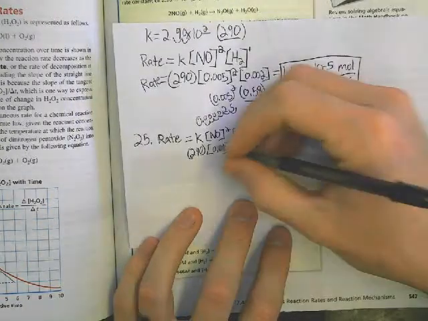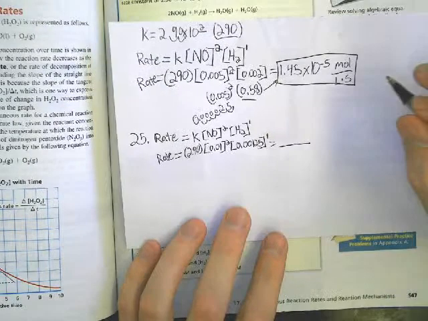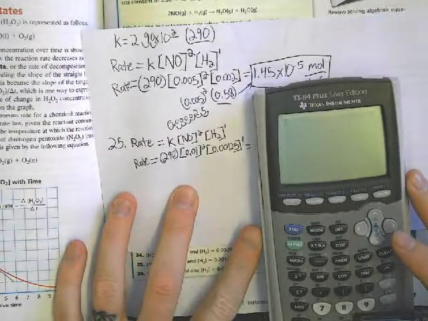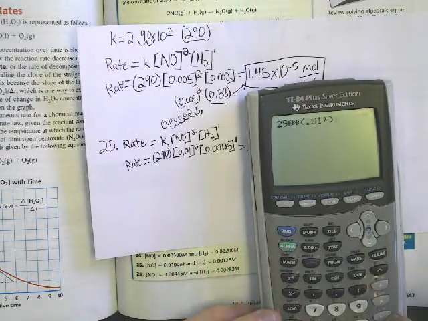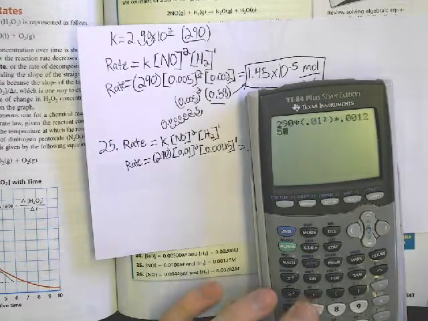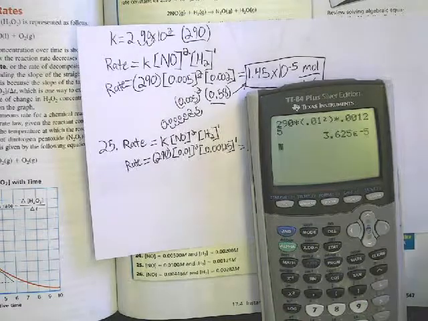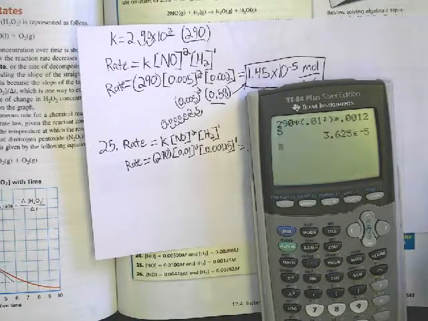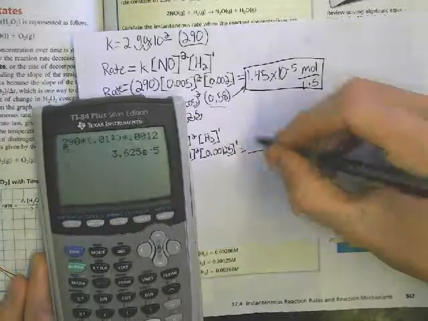Okay, so try plugging this into your calculator. Alright, we're getting something like 3.6 times 10 to the negative fifth.